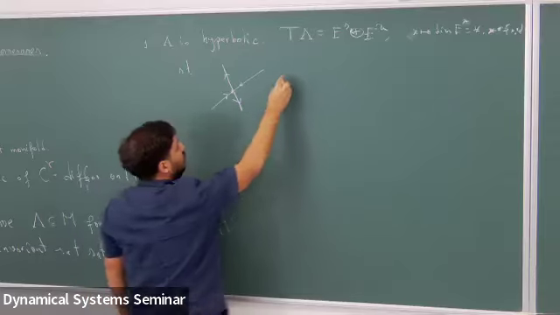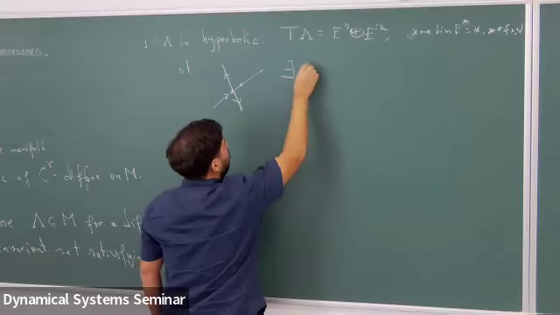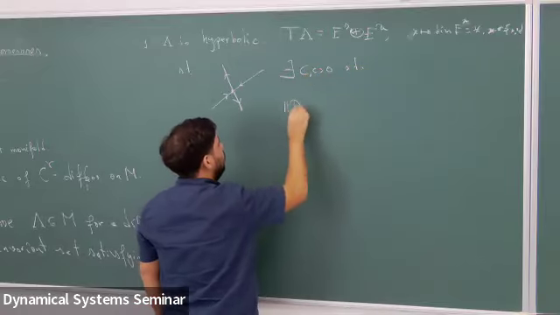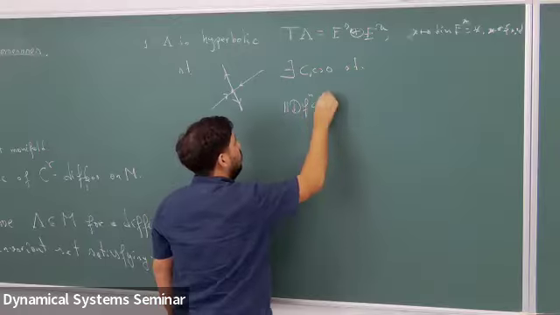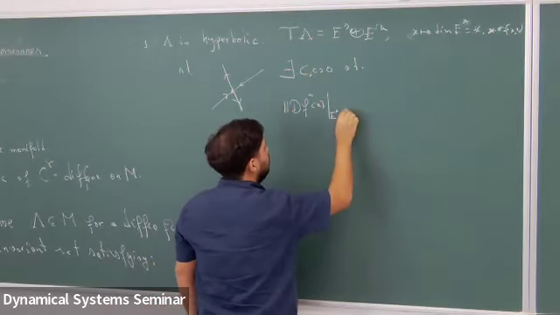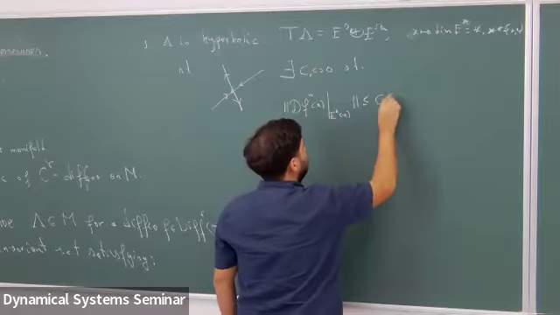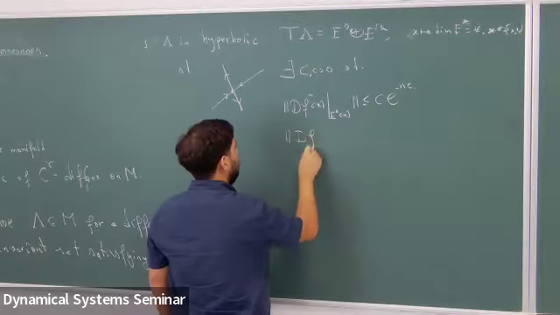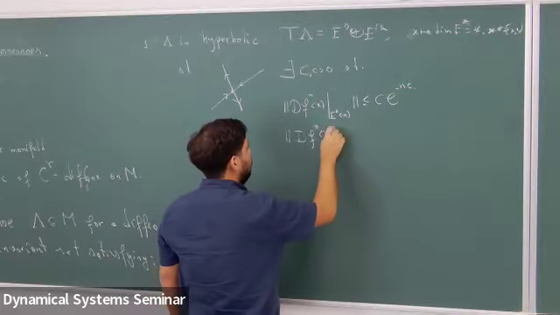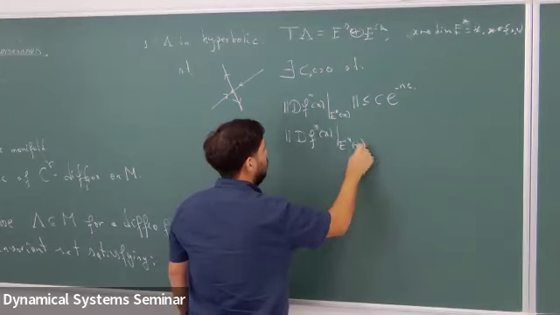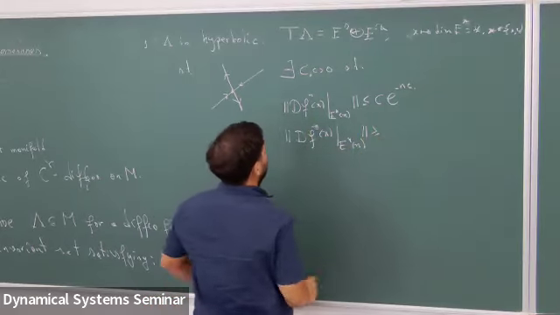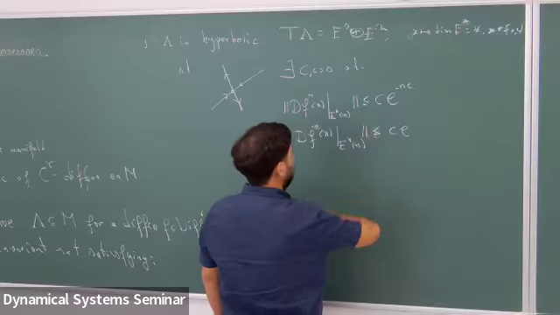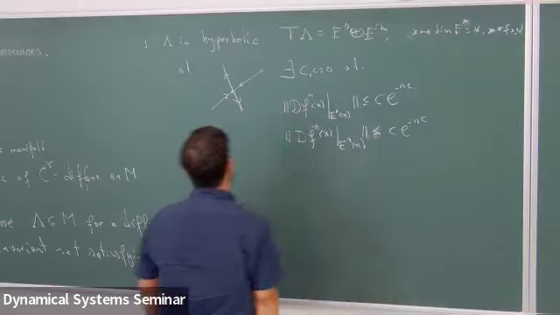This can be put analytically in the following way: there exist constants such that when you look at the derivative restricted to E^s(x), you contract exponentially fast, and when you look at the derivative along the unstable direction, you expand exponentially fast.